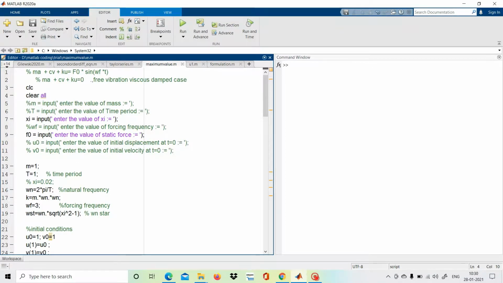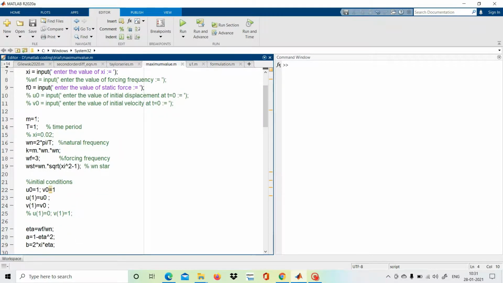Okay, the xi value it will ask from us, whether xi is between 0 and 1, greater than 1, or exactly 1. So we will have the command xi equals input, enter the value of xi. Similarly, it will ask for f naught, the external force coefficient, the mass m value, and the time period of the structure.